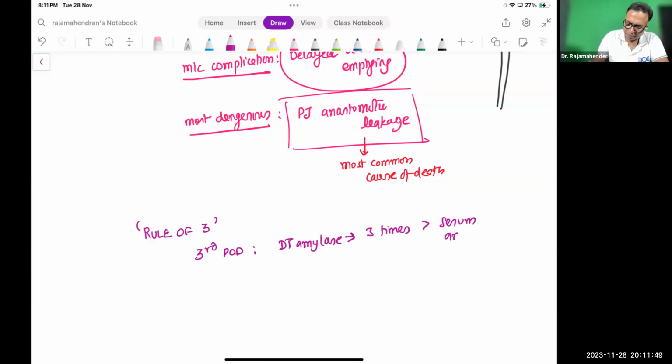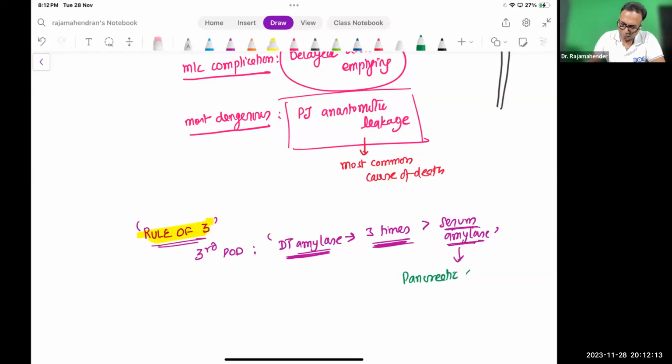It means the fluid coming in the drain will be sent for amylase. If it is 3 times more than serum amylase, this is called the rule of 3. Don't forget this point. On the 3rd post-op day, if there is drain amylase more than 3 times, we call it pancreatic fistula. That complication is called pancreatic fistula.